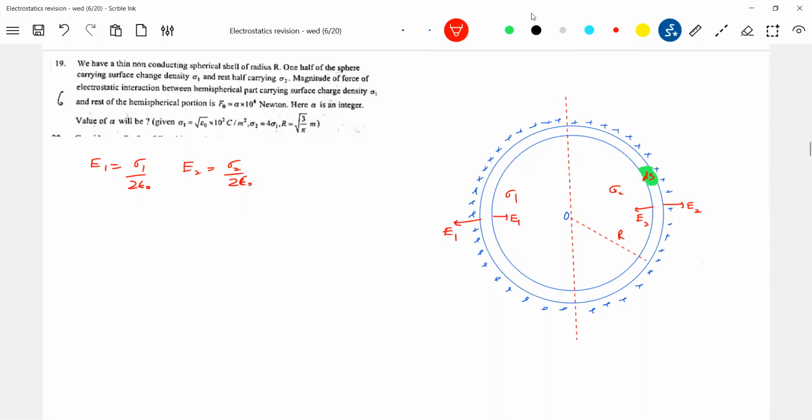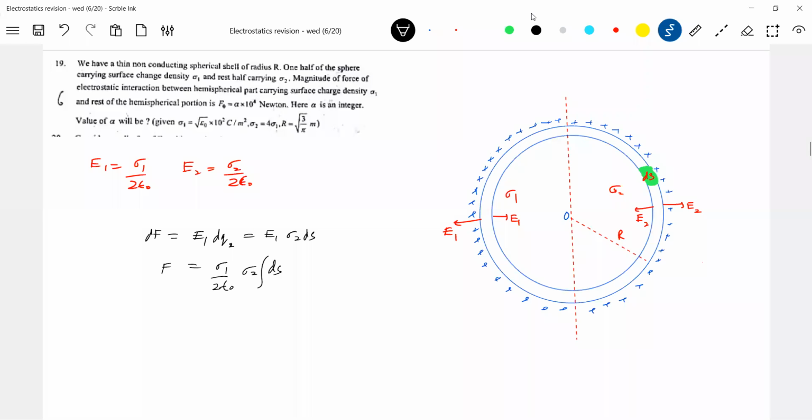It's a circular strip, not like an arc. Then the net resultant force dF should be equal to E1 into dQ2. dQ2 is sigma 2 into ds, and E1 is sigma 1 by 2 epsilon naught. So dF is this times sigma 2 into ds.